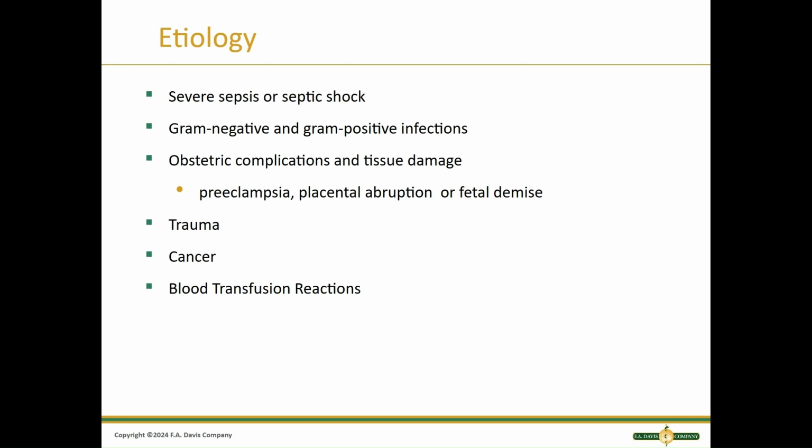It can be seen in major trauma, cancer, and even blood transfusion reaction. This can be anything that can cause these clots to be forming and start occluding your tissues and your organs. DIC is considered a medical emergency, and it is warranted to find the cause and have immediate treatment because you have a high risk of mortality with it.